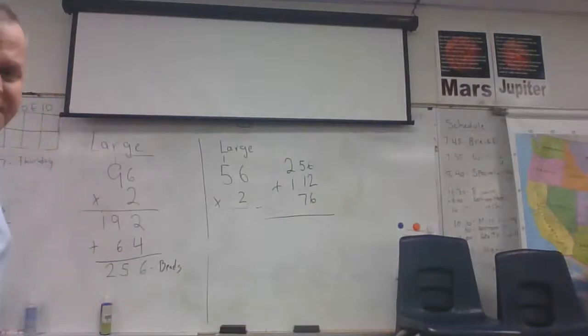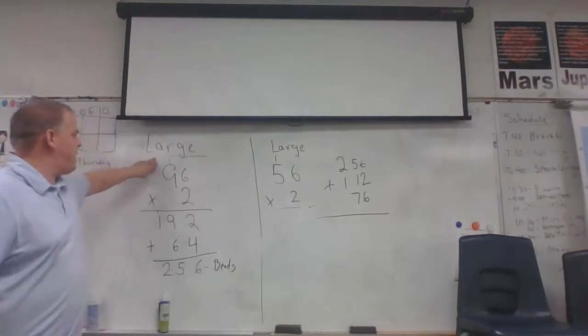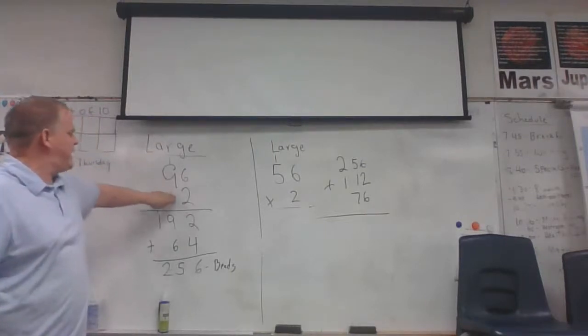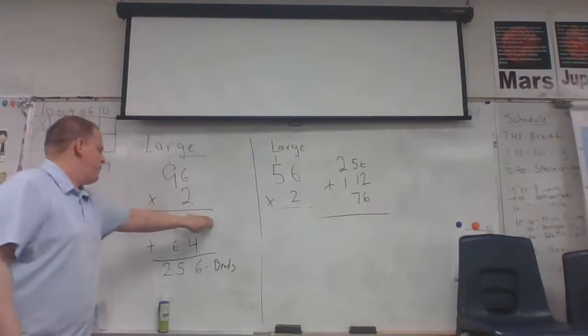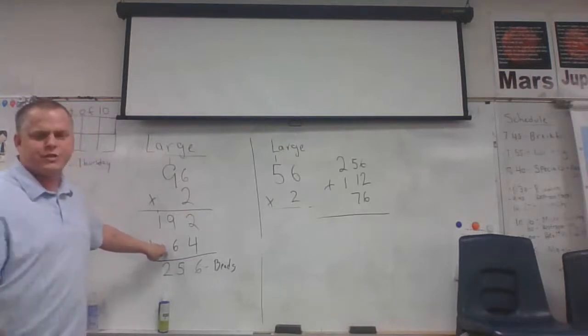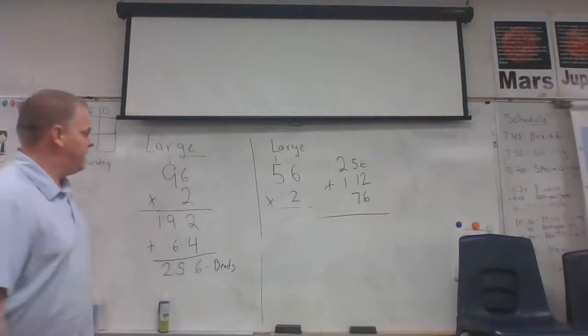Step 1, Zyra. We had to find the large amount of beads. I had 96 beads. I had to multiply that by 2. I got 192 beads. I had 64 medium beads. There's no need to multiply because that's an extra step for no reason. I have 256 beads.